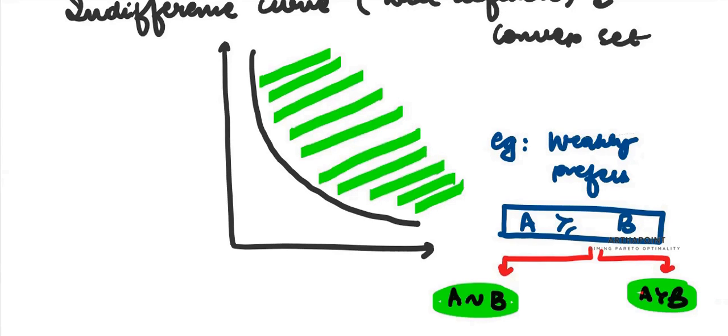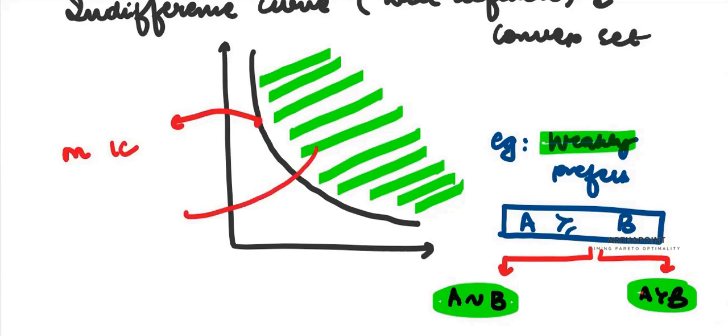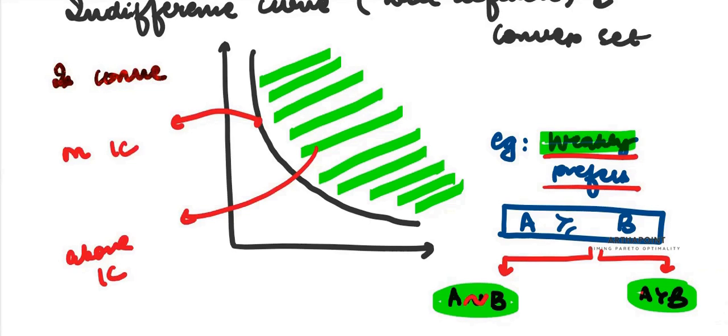So weakly preferred sets will either have bundles which are on the indifference curve or above the indifference curve, including the indifference curve, because it's a weakly preferred set. I am including the indifferent bundles also. Now the question is, is this a convex set?